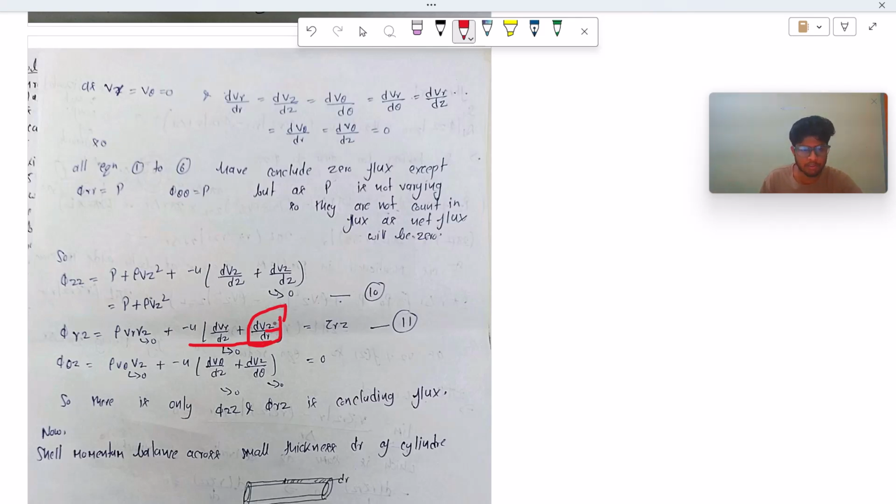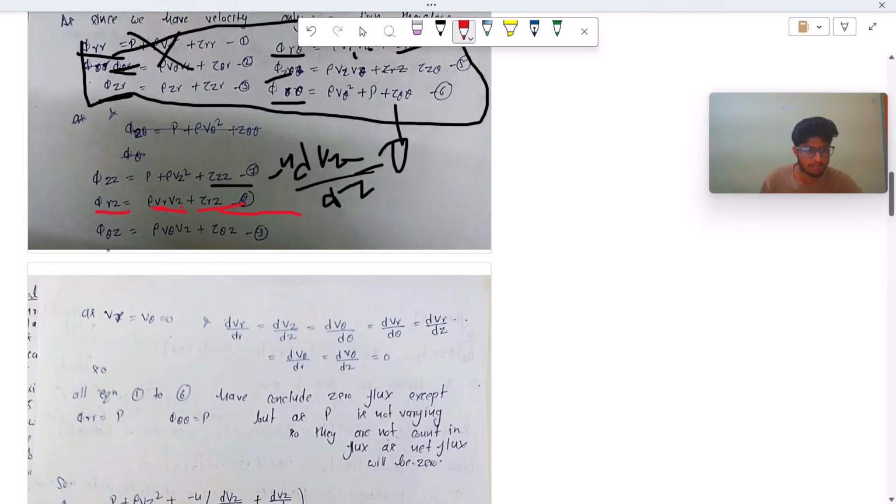Phi theta z is written as rho V theta Vz plus tau theta z. We have V theta equal to 0. Vz is not 0, but as V theta is 0, this term is going to be 0, and tau theta z is also 0, as there is no velocity component in the theta direction and z velocity is not varying in the theta direction.